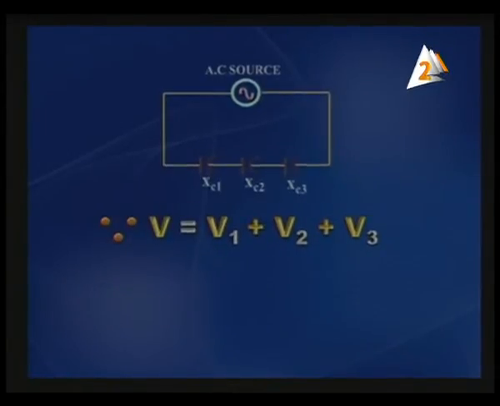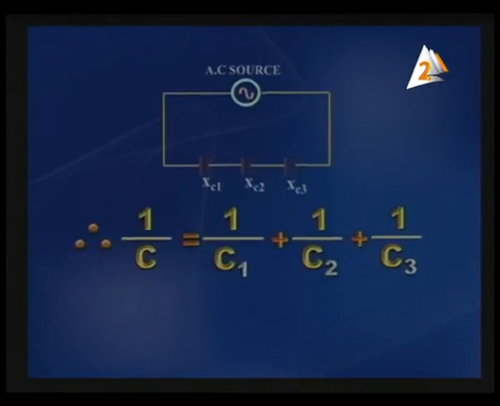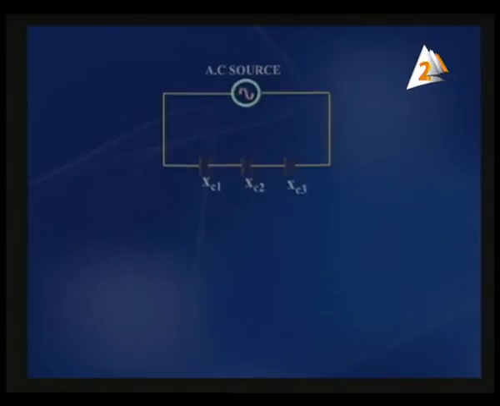Since the total voltage equals V1 plus V2 plus V3, we can say V equals Q over C. So total charge over total capacitance equals Q over C1 plus Q over C2 plus Q over C3. So we can say 1 over C is equal to 1 over C1 plus 1 over C2 plus 1 over C3 when they are connected in series. And C total is equal to C over N if they've got the same value.